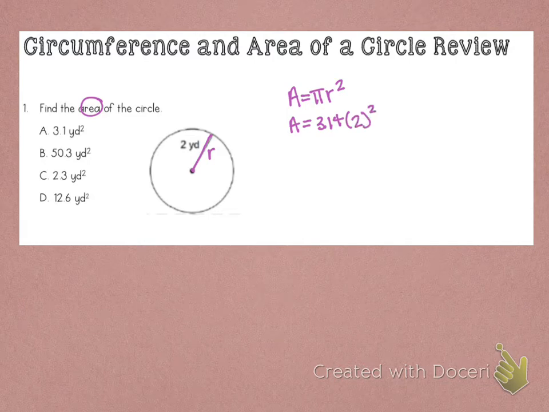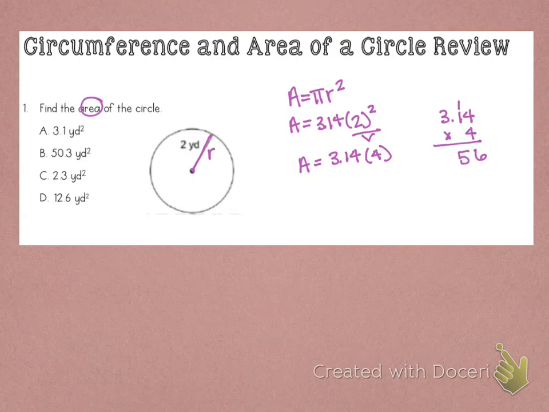Okay, so to solve this, remember we're going to first do our exponents. So area equals 3.14, 2 times 2 is 4. And then go off to the side, 3.14 times 4. 4 times 4 is 16. 4 times 1 is 4 plus 1 is 5.